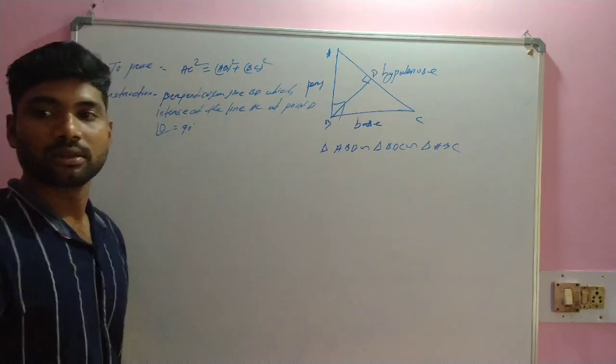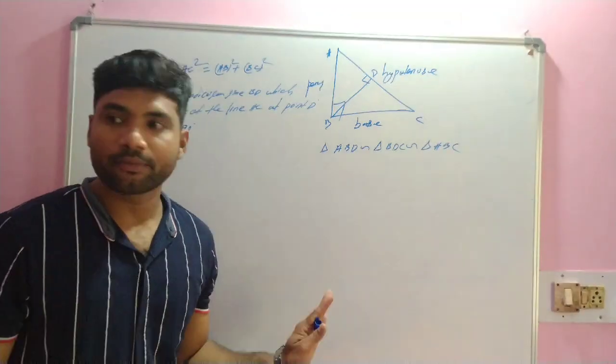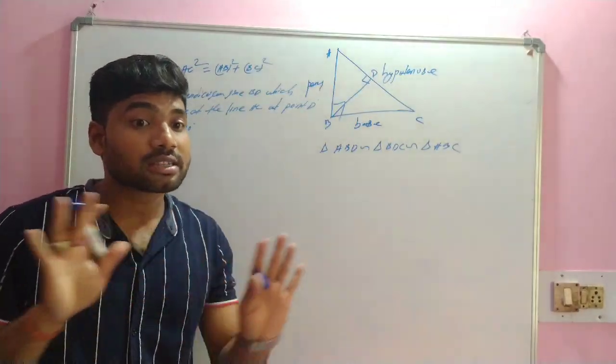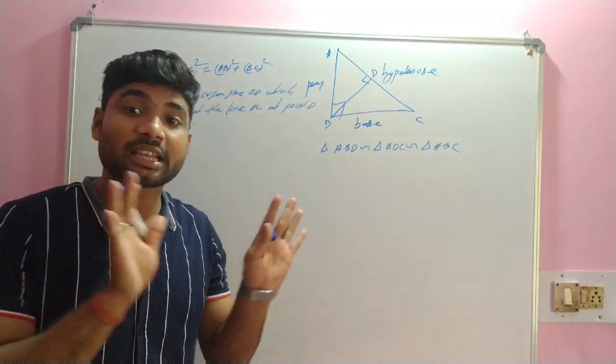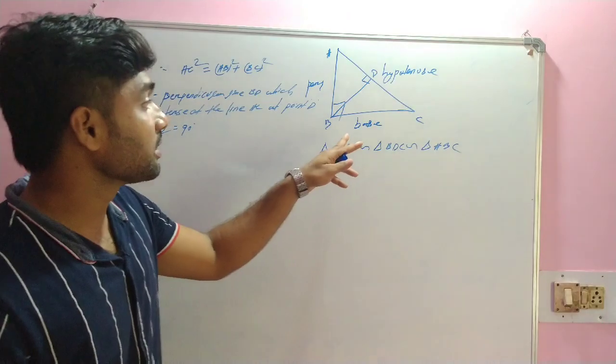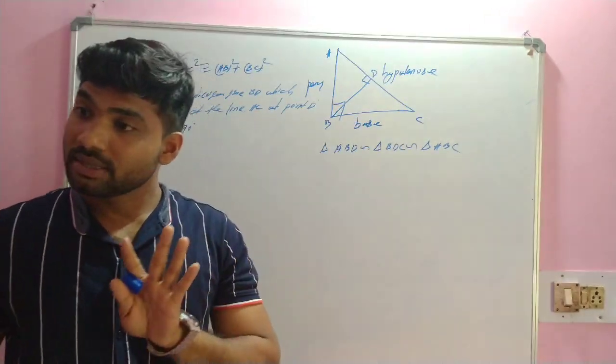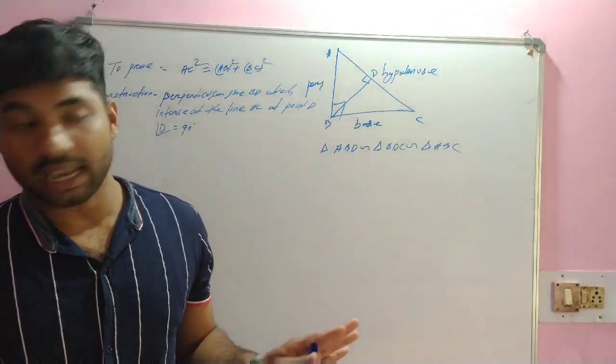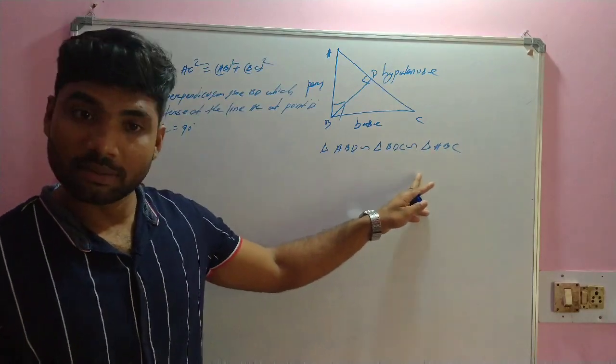Similarity means same shape but not same size. If same shape and same size, then we say congruent.